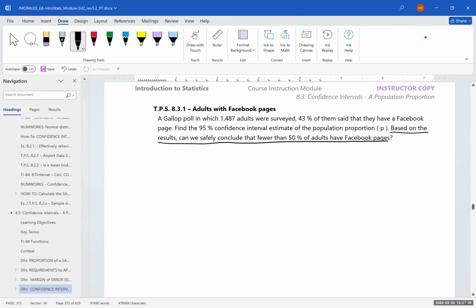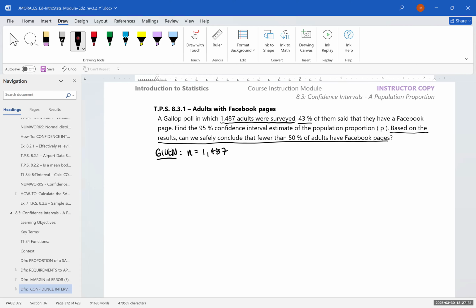So as always, let's start by identifying the given information in this word problem. So a Gallup poll in which 1,487 adults were surveyed. That is our sample size, 1,487.